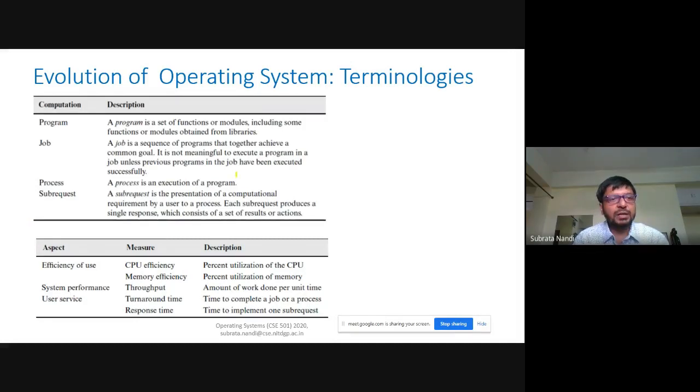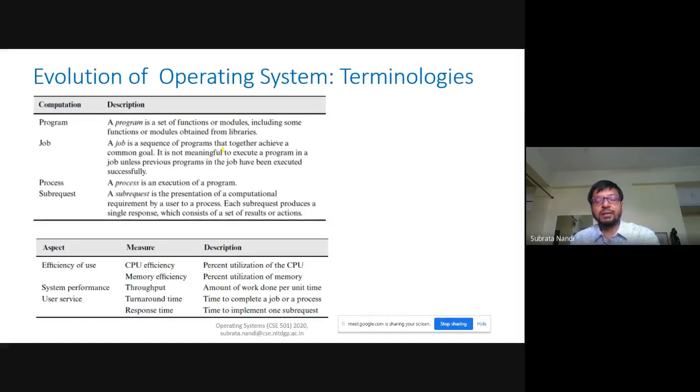Or in other words, a program is something like a set of functions or modules, but a job is a sequence of programs. It is something like when we run a code, we have to first compile it, link it, and then execute it. So if I want to execute my C program, I have to first compile, then link with some math libraries and all, and then I have to actually execute.